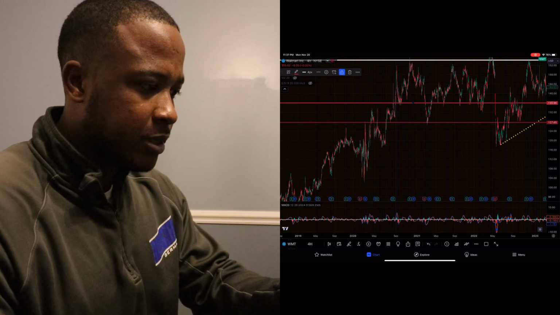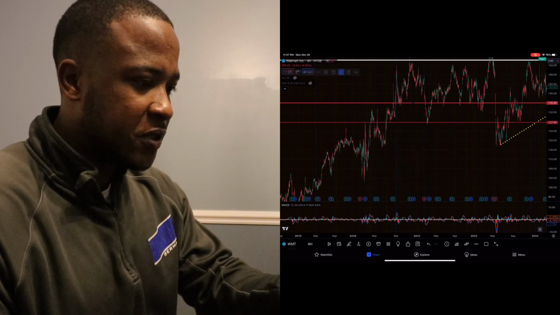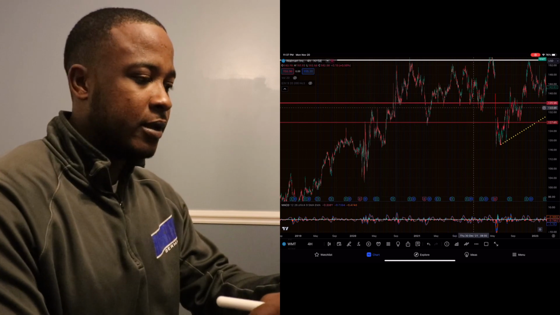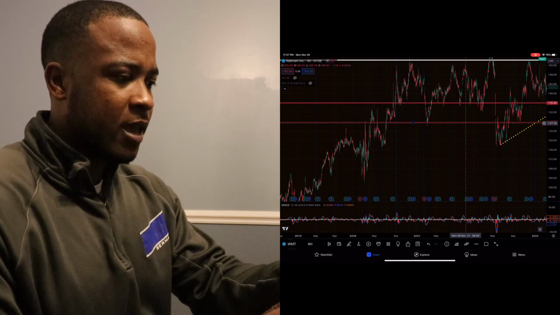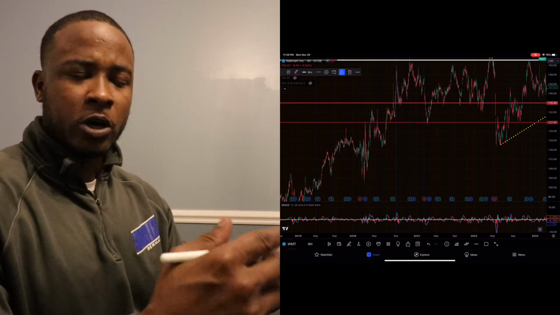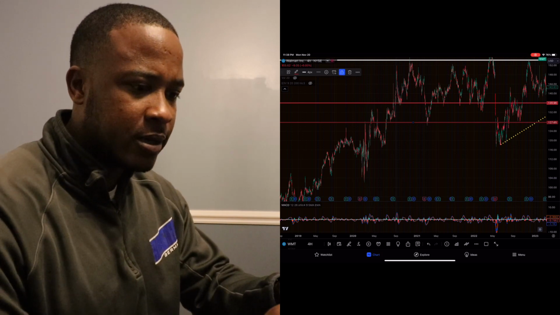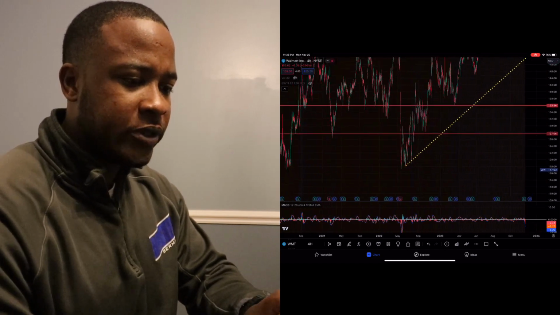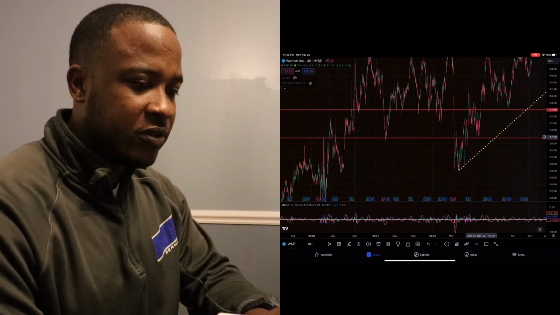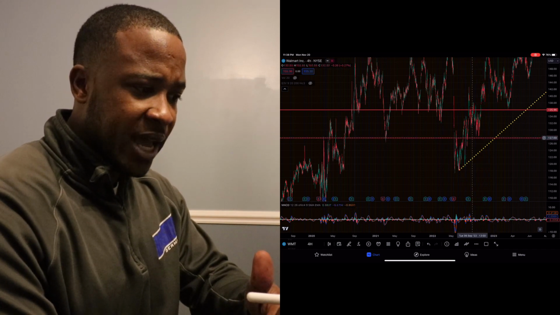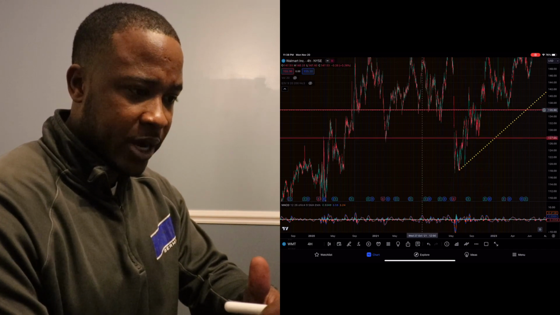I like to make my lower support a darker red, even though both support and resistance lines are red. Whenever I'm zoomed in on smaller time frames, it gives me a general idea of how low we are. And so right here, you can see that we have a strong support line, and a strong resistance line right here.